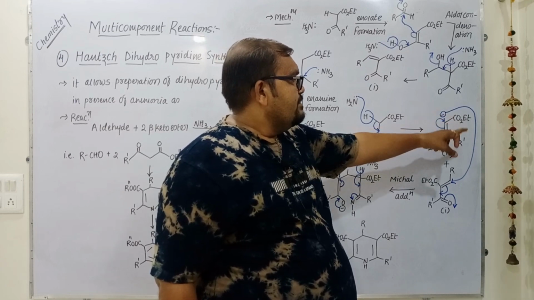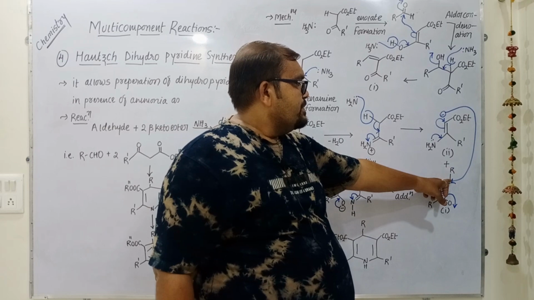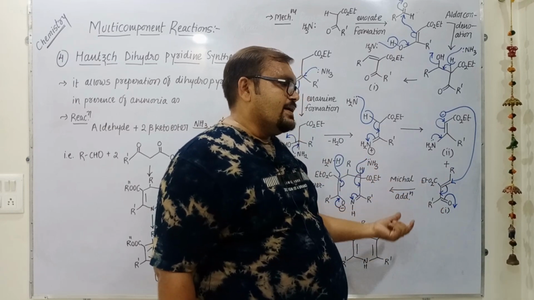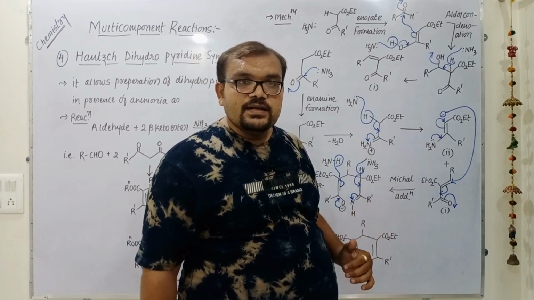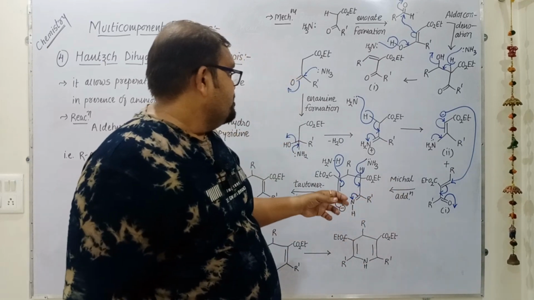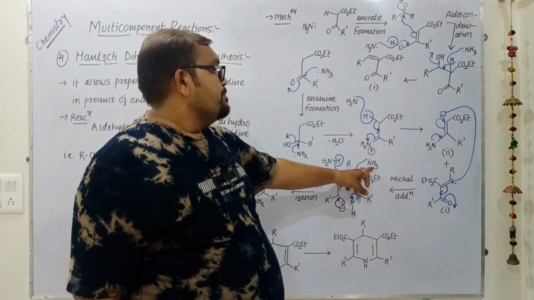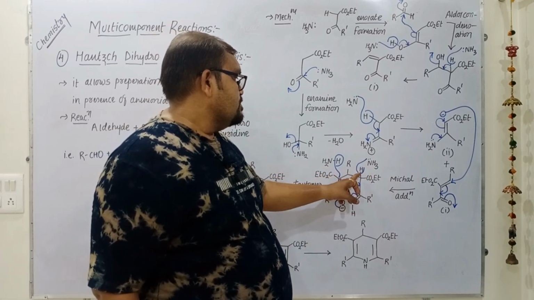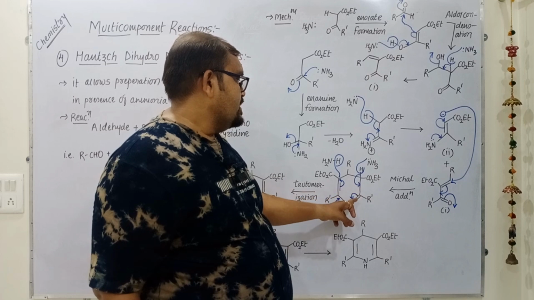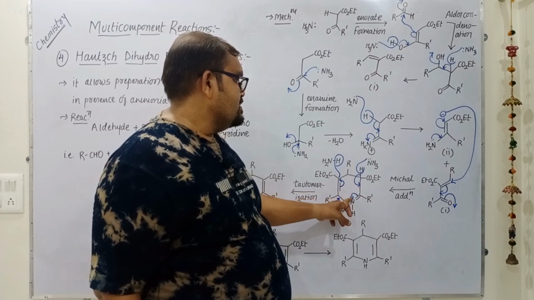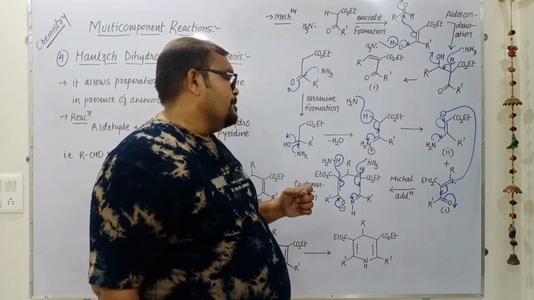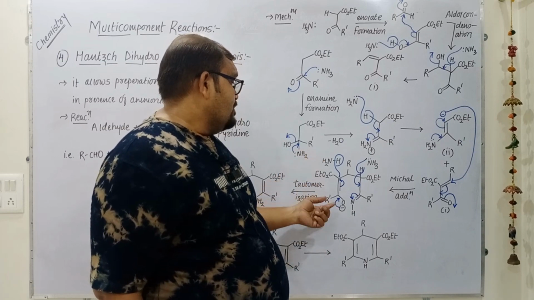This carbanion will attack the alpha beta unsaturated carbonyl compound, which is known as Michael addition. After this Michael addition, what is carried out? This base will abstract a proton from here, and this bonding electron will be shifted over here, and this pi bonding electron will be shifted over nitrogen in the form of a lone pair, and parallelly what will be carried out?